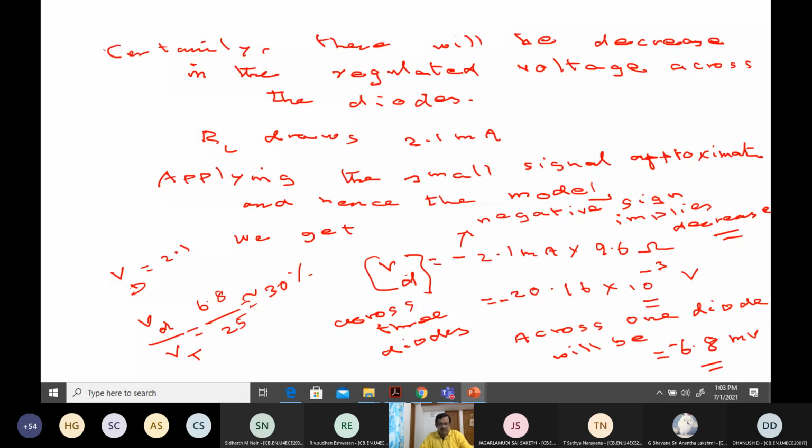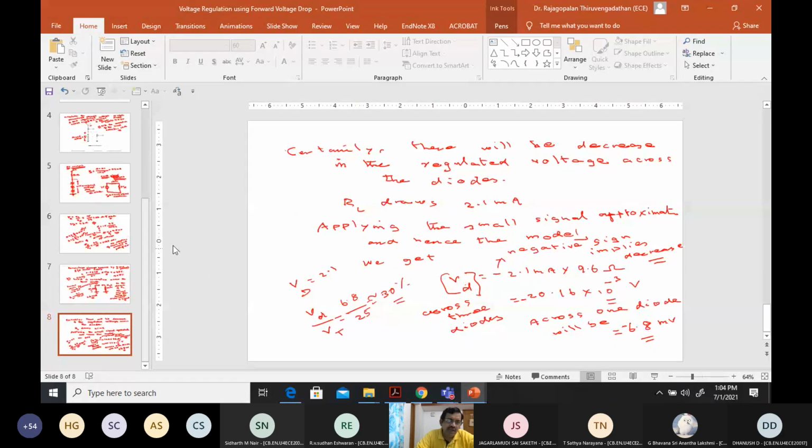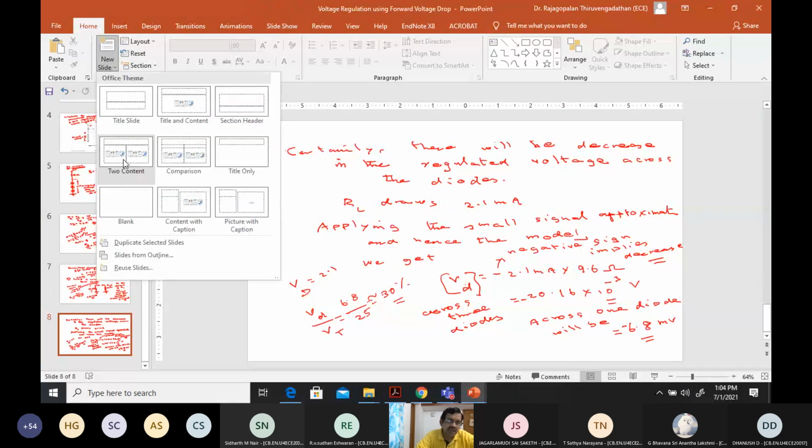So, okay, 25%. Therefore, this variation is significant. So the small signal model is not completely correct. But how much is the deviation?